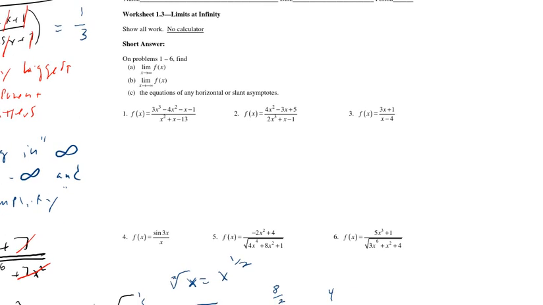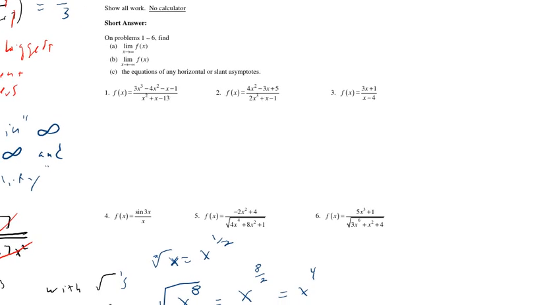Number 1. So we have A, B, C, limits at infinity, negative infinity, and any horizontal asymptotes. Number 1. What is the limit as x goes to infinity of this problem here? In the chat, type in what you think your answer is.